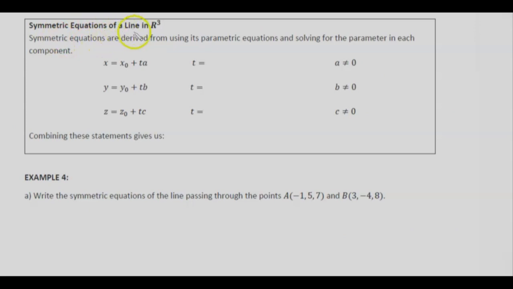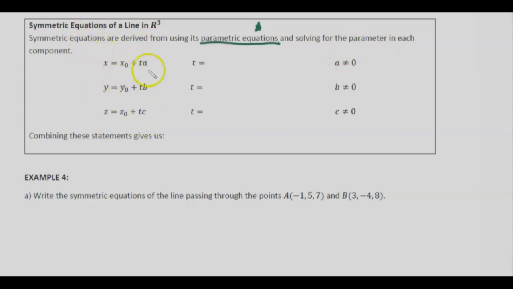Okay, symmetric equations of the line in R cubed. Symmetric equations are derived using the parametric equations. We always have to start with parametric equations. If you don't have these, then rewrite your vector equation or find the parametric equations and list them out. They're found by solving for a parameter.